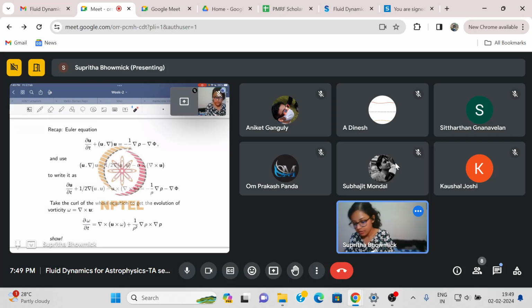So when this grad operator acts on 1 by rho, you get this term. And when the operator acts on del p, you get 0. Why? Because it's a total gradient term. Similarly, curl acting on a gradient of phi is going to give you 0 because curl of a gradient is 0. Is that clear?